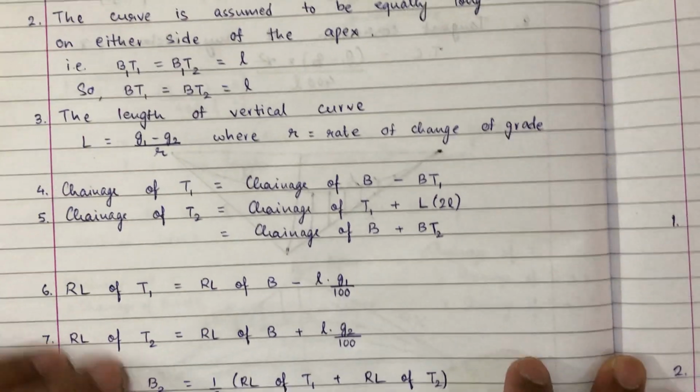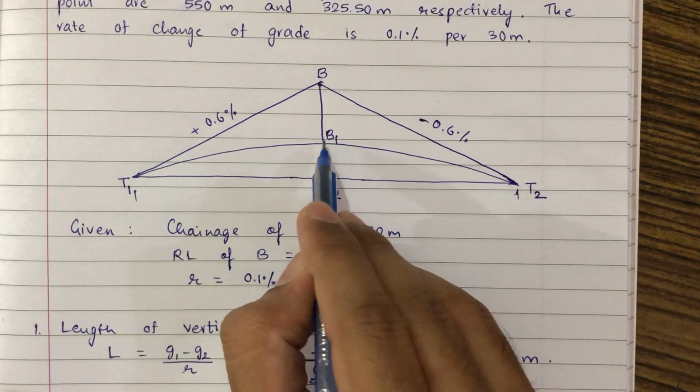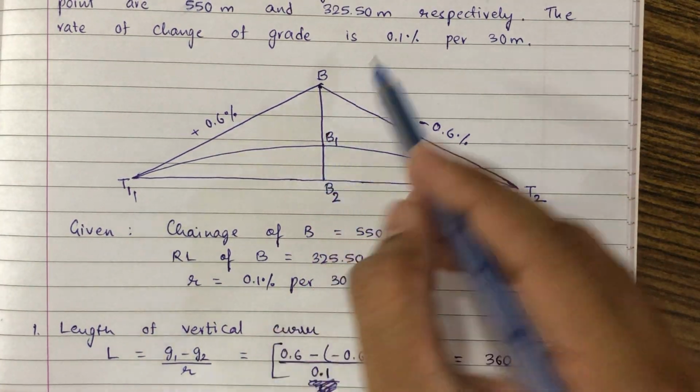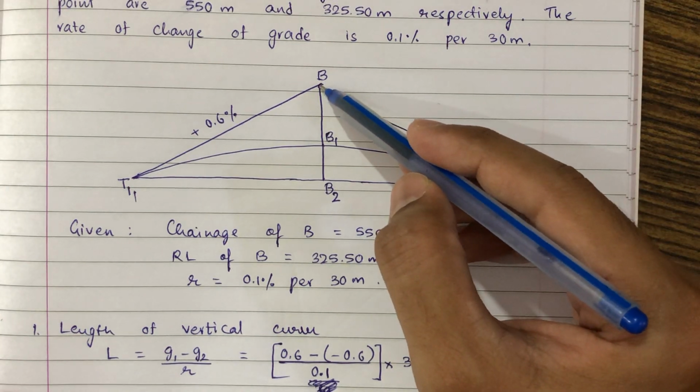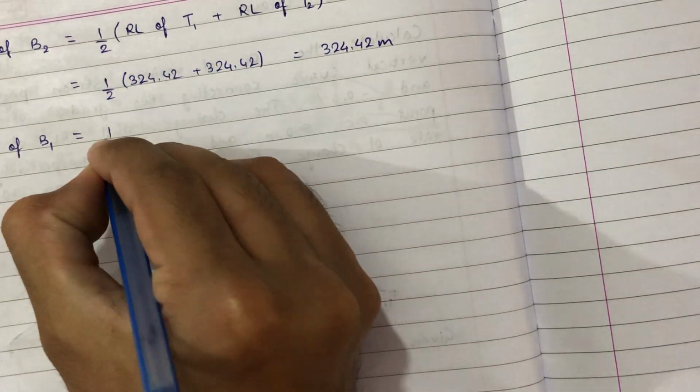Next we need to calculate RL of the point B1. Now here you can see RL of B1 is given as half of RL of B plus RL of B2, because B1 is at the center. We are assuming that it is at the center, so it will be half of RL of B plus RL of B2.